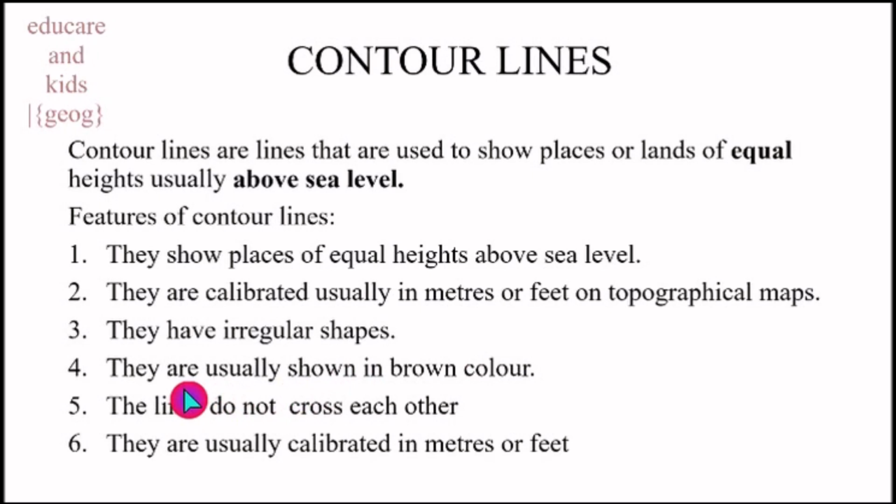That is, on colored topographical sheets, contour lines are shown in brown. 5, the lines do not cross each other. Then 6, they are usually calibrated in meters or feet.